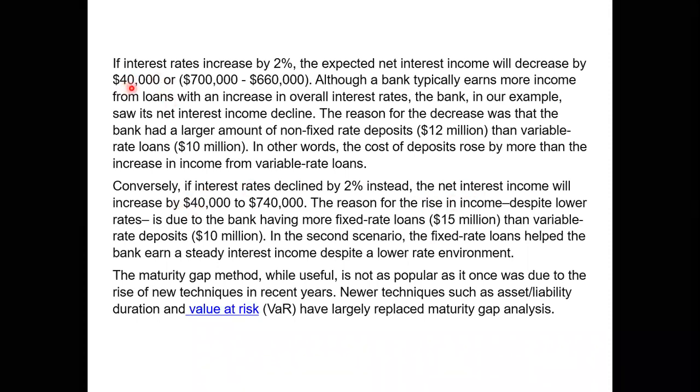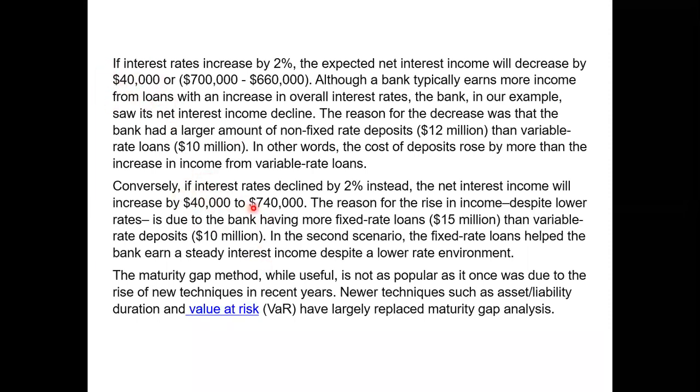Earlier it was a reduction of 40,000; now an increase of 40,000 on the earlier 700,000. So the new net interest income will be 740,000.